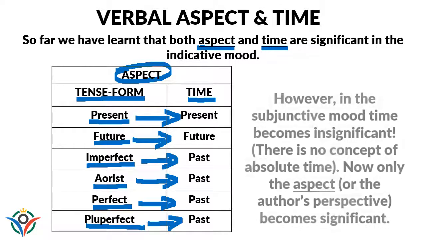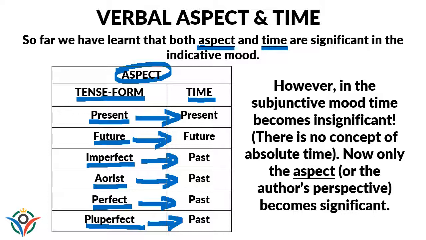However, in the subjunctive mood, time becomes insignificant. So whereas time was significant in the indicative mood, it's now insignificant in the subjunctive mood. So what we can actually do now is we can cross out this column because it doesn't have any bearing on the subjunctive mood.